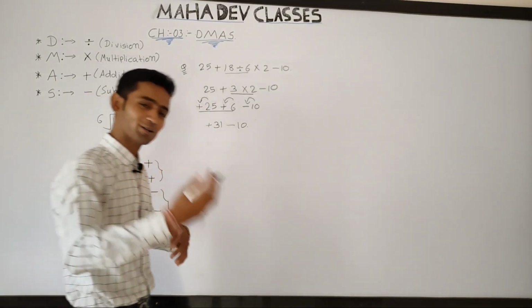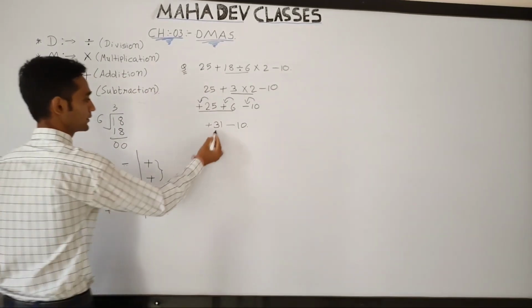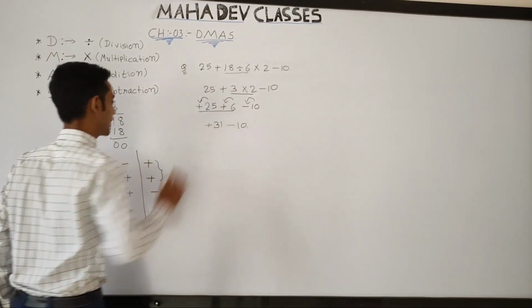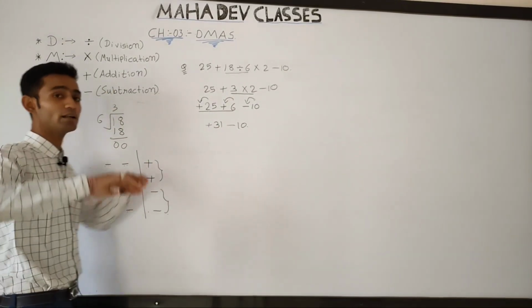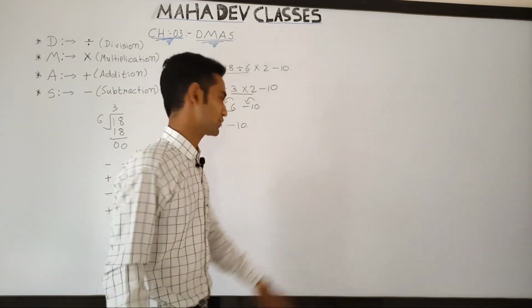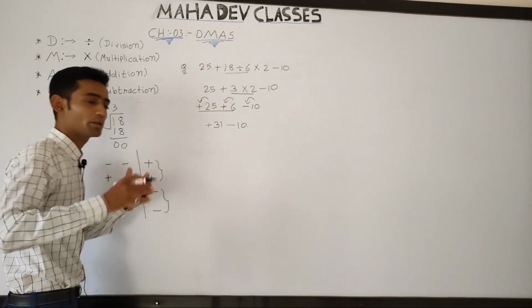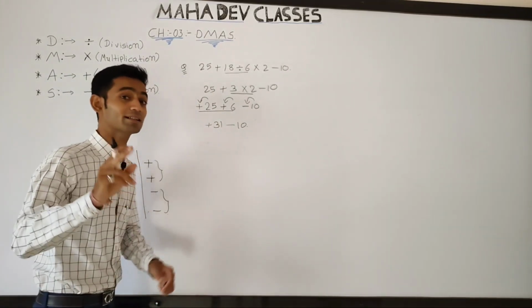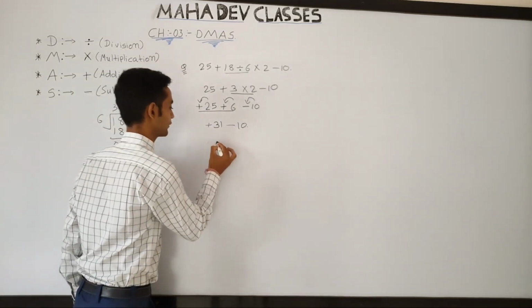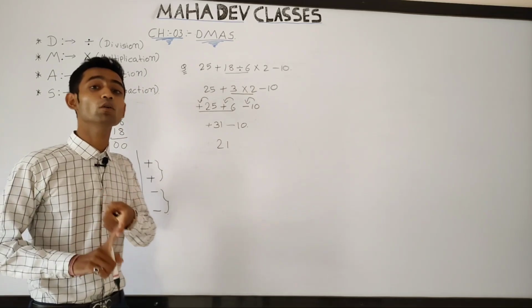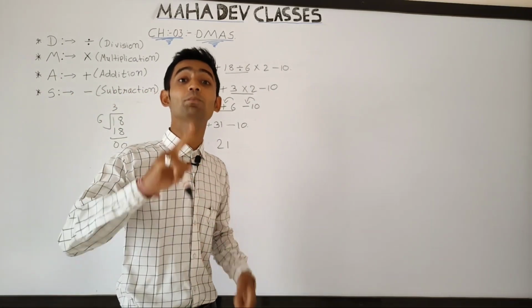Now again do the same process. 31 minus 10. See, plus minus, there are different symbols, so you have to do the process of subtraction. 31 minus 10, then you will get 21, and in this resulting answer you have to put the symbol of the bigger number.